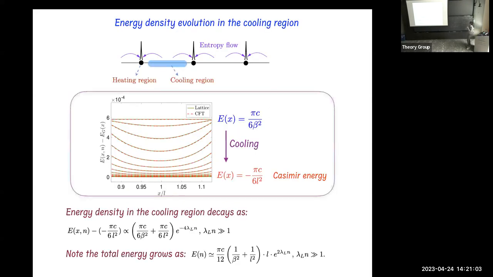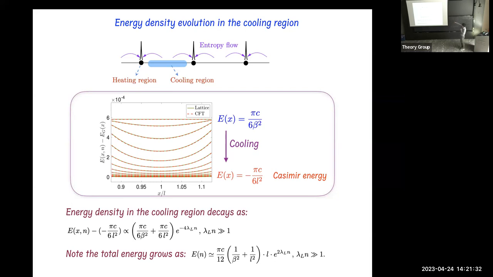Now let's study the energy density in this region between the two energy density peaks. Before we drive the system, the energy density depends on the temperature, right? This is the well-known result: it is proportional to T squared, where T is the temperature.